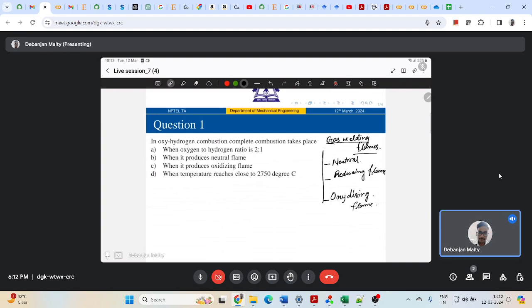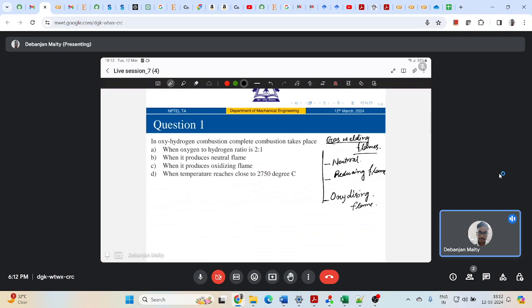Now coming to the neutral flame, this refers to the case where oxygen and acetylene are mixed in equal amounts. So the ratio of oxygen and acetylene by which it will be mixed is 1 to 1, and that is burned at the tip of the welding torch. How can you understand by looking at the flame that this is a neutral flame?